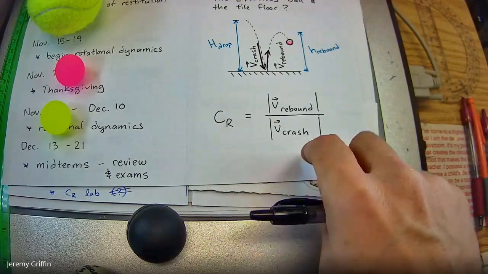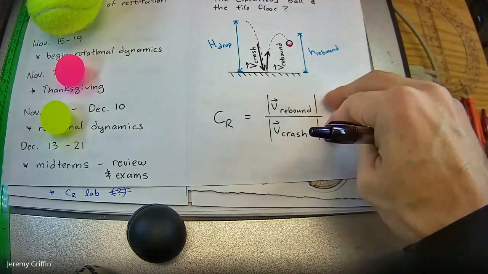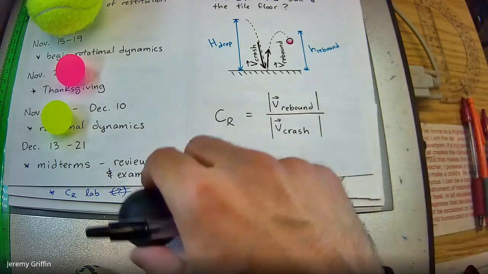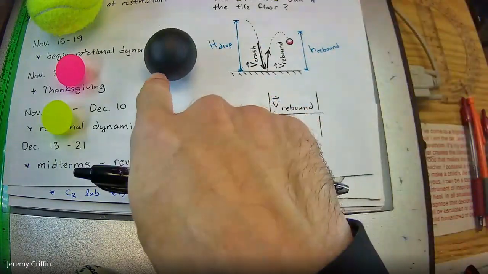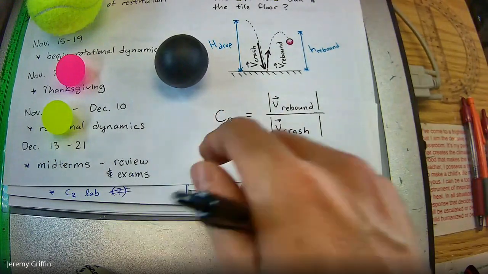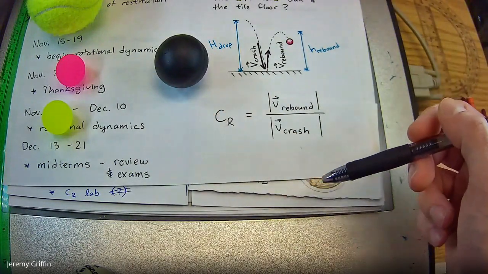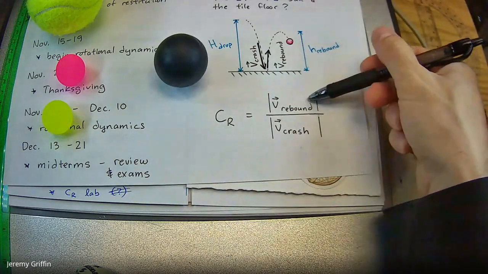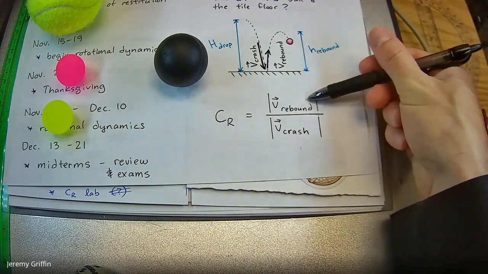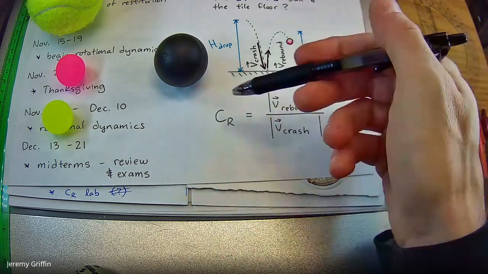See if you remember that the coefficient of restitution is bounded between two numbers. See this one right here? What's the coefficient of restitution of what you just saw? Well, how about this, what's its rebound speed? That would just be 0, right? And 0 divided by anything would just be 0.